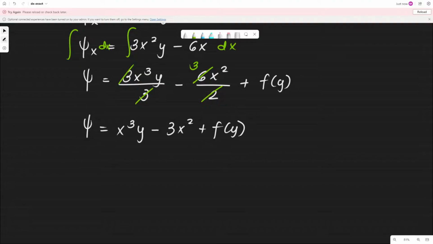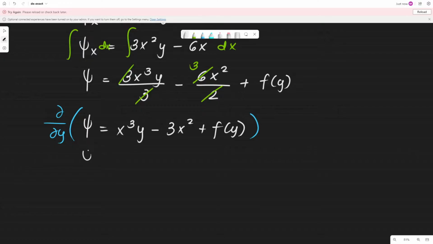Okay, next, kailangan nating mapalabas yung value ng f of y. Saan natin kukunin yon? Let's get the partial derivative in respect to y. Okay? Since naka-partial x na tayo kanina, let's just get the partial derivative of the psi function in respect to y.